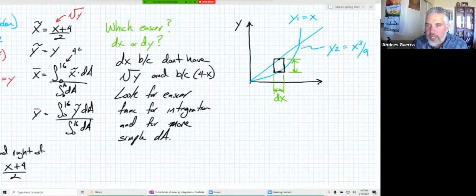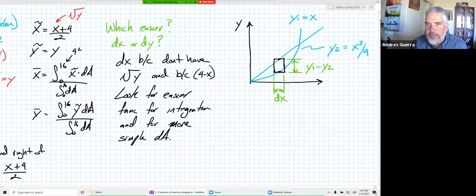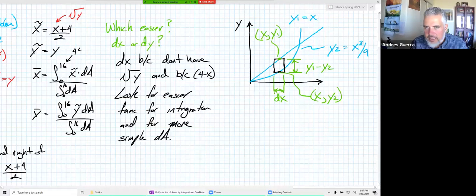Absolutely right, because up here we have some x and y1, and then down here, same x, but it's y2. So y2 would be this distance to there, and then y1 would be the distance all the way up to the top of that thing. Okay, so now we can plug in our dA. dA would just be (y1 minus y2) times dx.